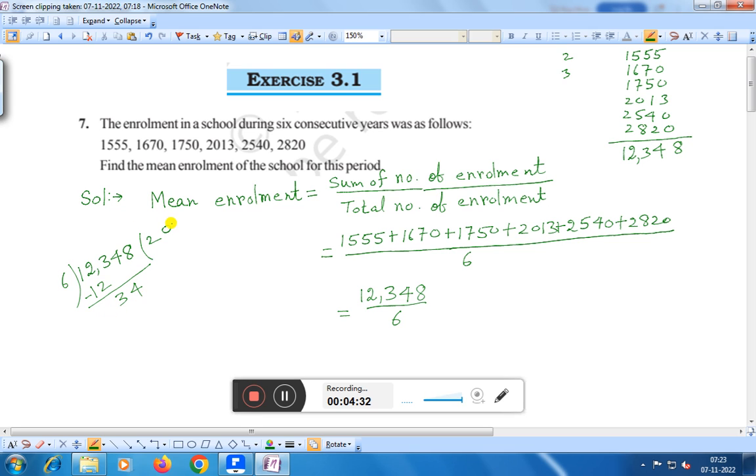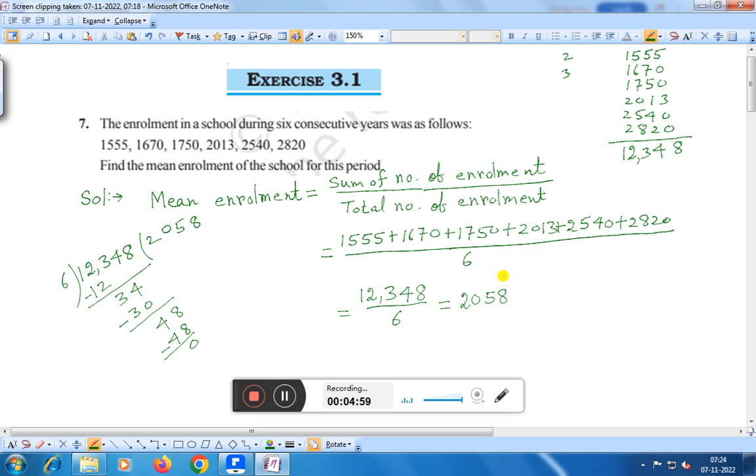Now 6 fives are 30, 34 minus 30 is 4, and here 48, and 6 eights are 48, remainder 0. So it comes to 2058.